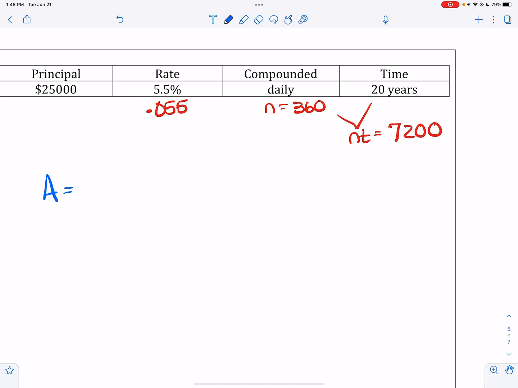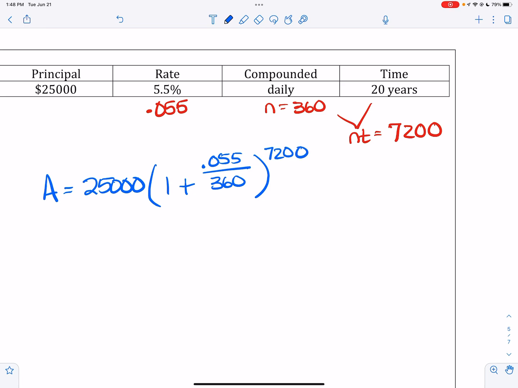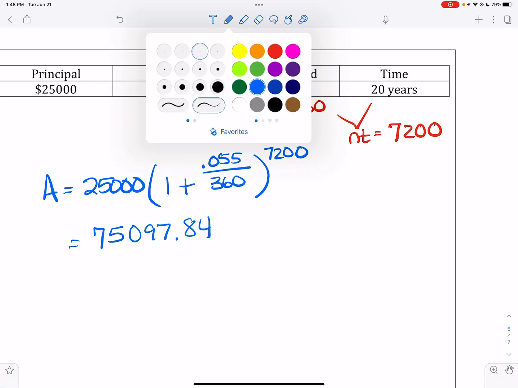So A is equal to 25,000 times (1 plus 0.055 over 360) raised to the 7,200 power. And so when I calculate that out, that says at the end of 20 years, I will have $75,097.84.